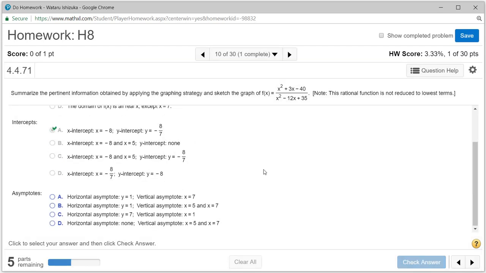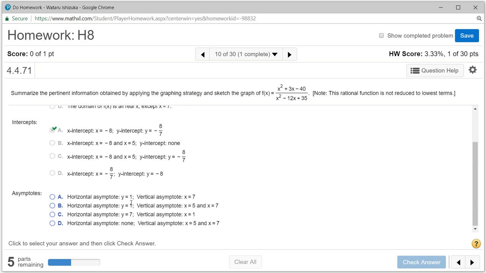We got that. All right, so horizontal asymptotes. The easiest way to find a horizontal asymptote is, let's say you have the same power on top and bottom, so we look for the leading coefficient on top, which is 1, over the leading coefficient on the bottom. So it's going to be y equals 1.